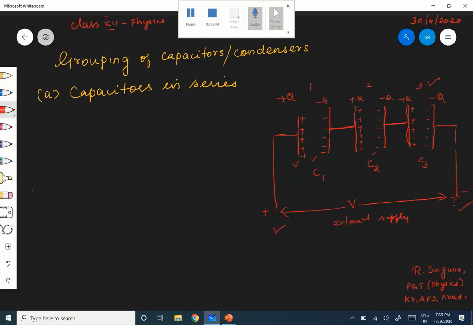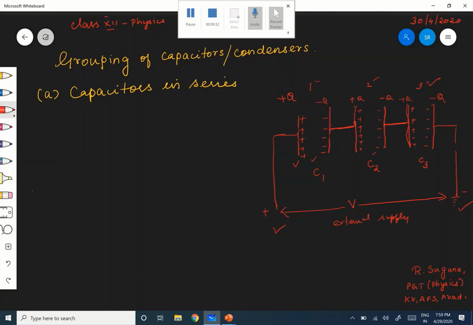Q plus or minus Q: left plate plus Q, right plate minus Q. In the first capacitor, second capacitor, third capacitor, everywhere, the charge stored will be the same. That is very, very important. When the capacitors are connected in series, note it, the charge stored on each capacitor will be the same.